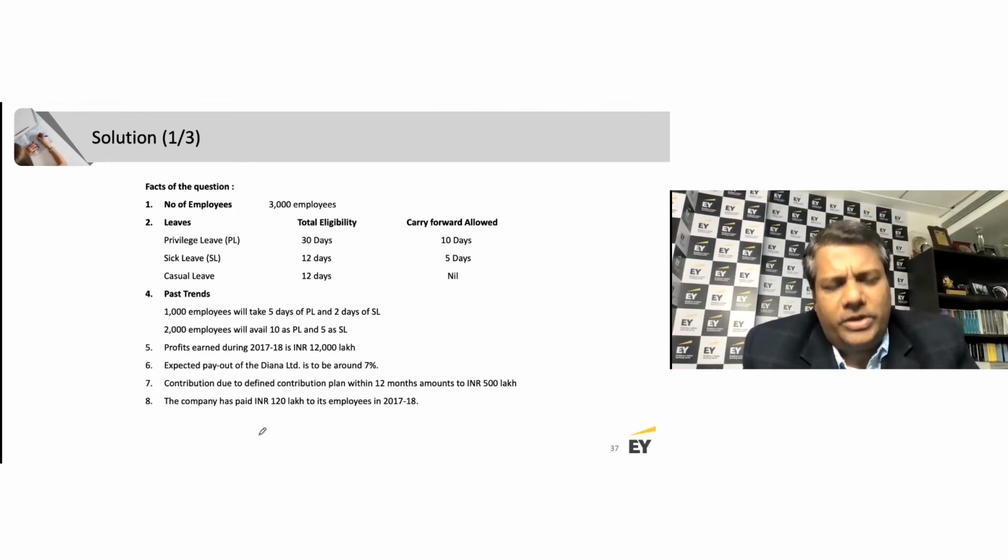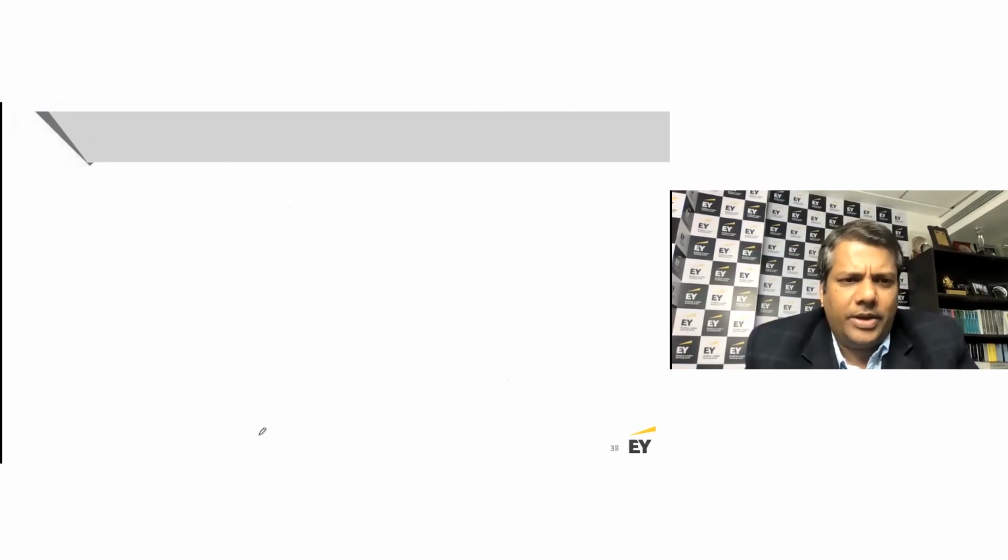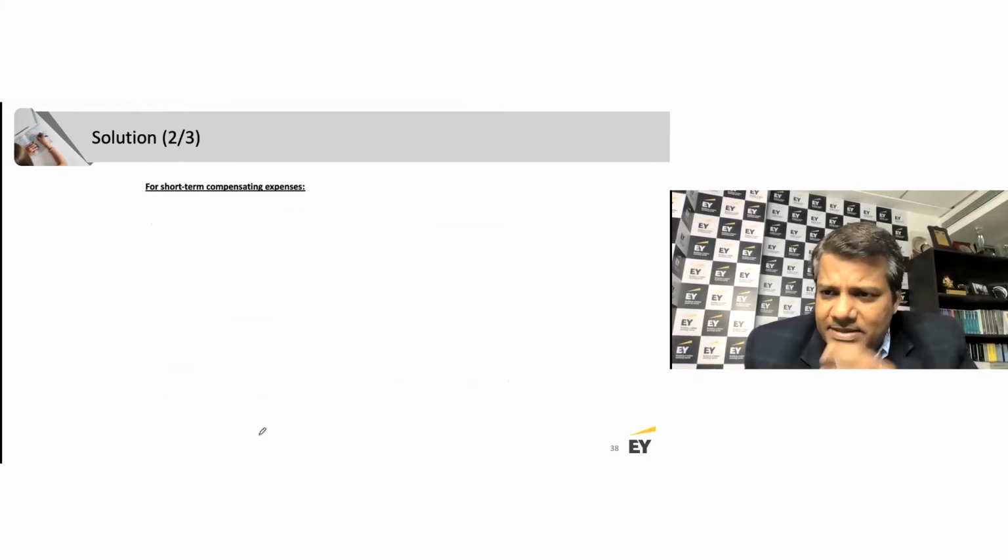Now we have to compute: how much is my provision for short-term compensated absences, how much is my provision for the profit sharing plan, and how much do I need to provide for my contribution to the defined contribution plan. Let's look at the solution for short-term compensated absences. We divided the 3,000 into two categories.